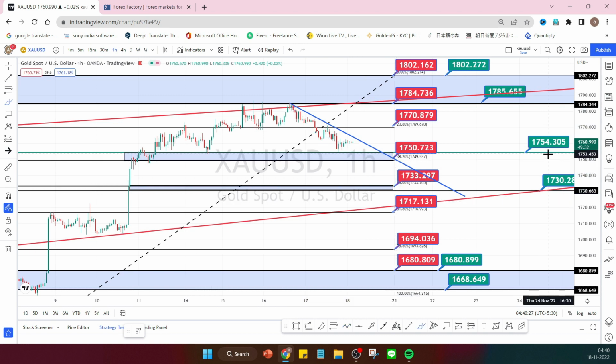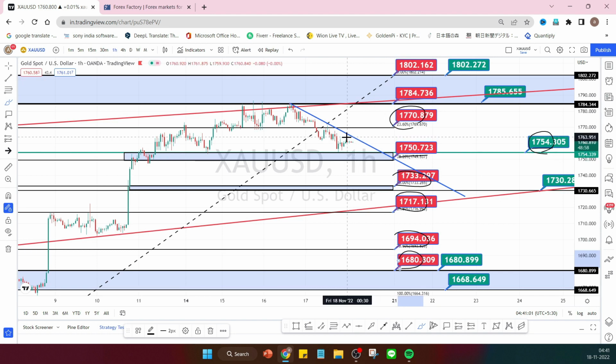And now it is trading between the support level of 1754 to resistance level of 1770. Wait for the price action to break this support zone between 1754 to 1750, and next level of support is going to be around 1733, 1717, 1694 and 1680.